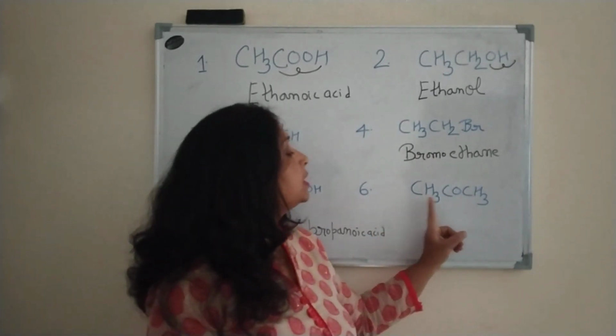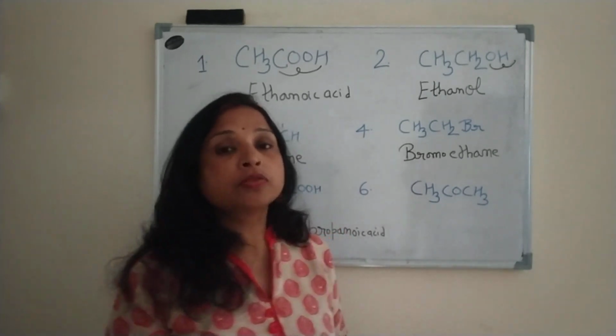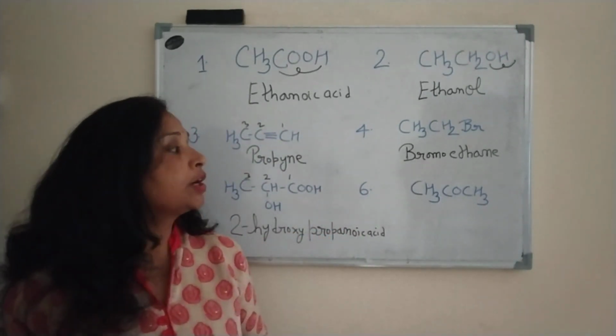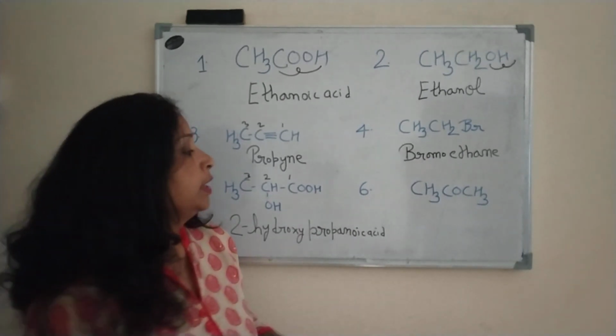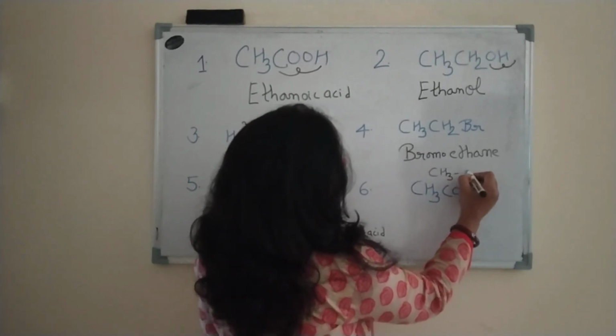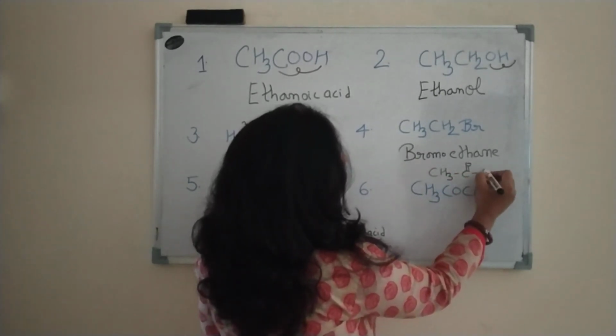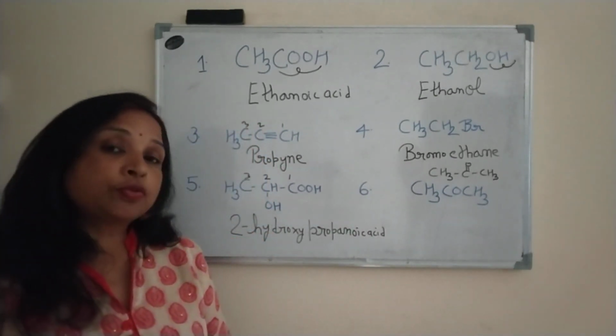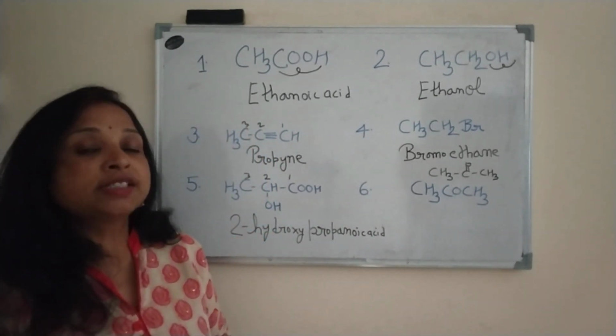Now let's move on to the sixth one. There is CH3COCH3. The common name of CH3COCH3 is acetone. A ketonic group is present in it. For the ketonic group, we use one as the suffix.